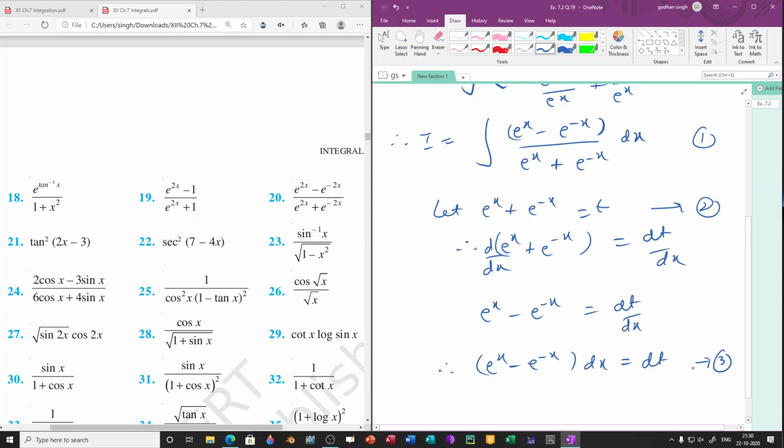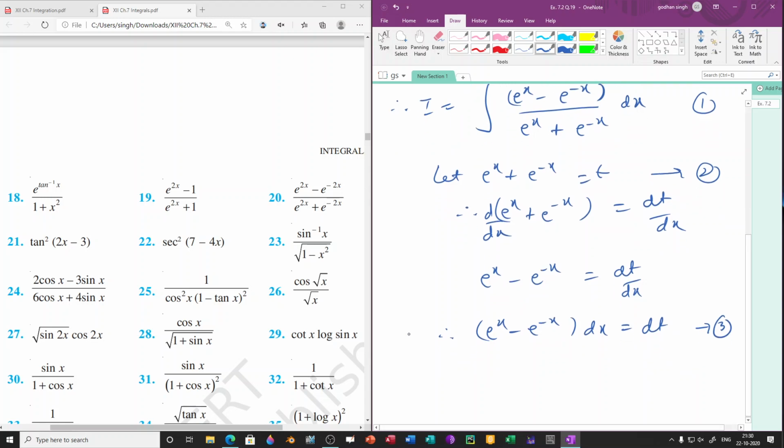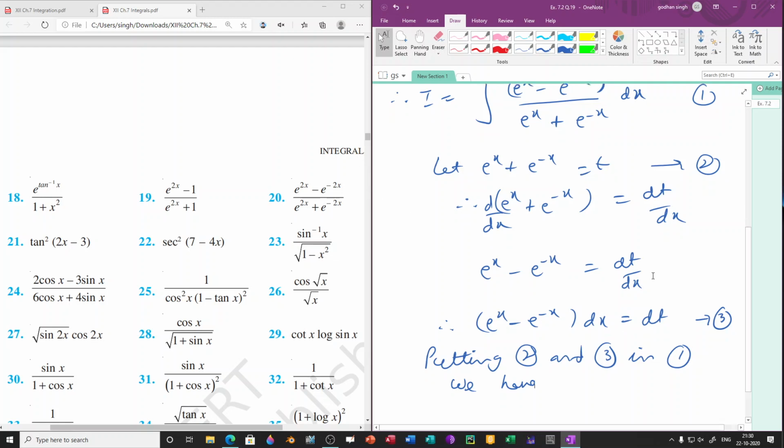So putting 2 and 3 in 1, we have I equal to, see here, (e^x - e^(-x)) dx, that will become dt, and in the denominator we will be getting t. So what we will be getting, I equal to dt over t.